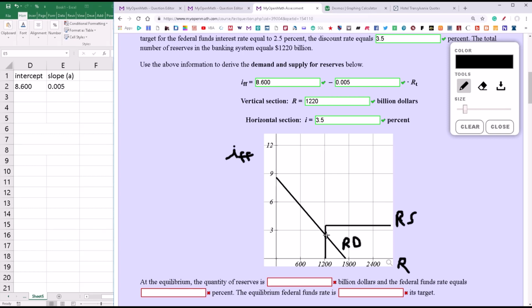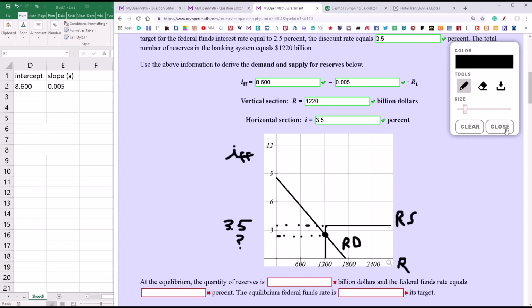And the equilibrium is right here. The discount rate is right here. So the discount rate is 3.5. And we want to know what the target is. We don't know what the target is yet. Okay, so it's really easy to calculate the target. All we got to do is plug this value into that equation to get the target.